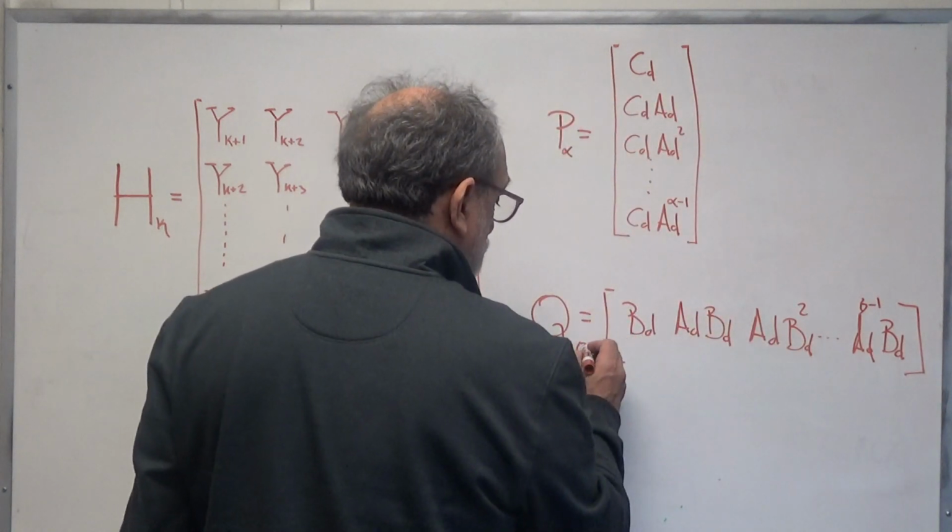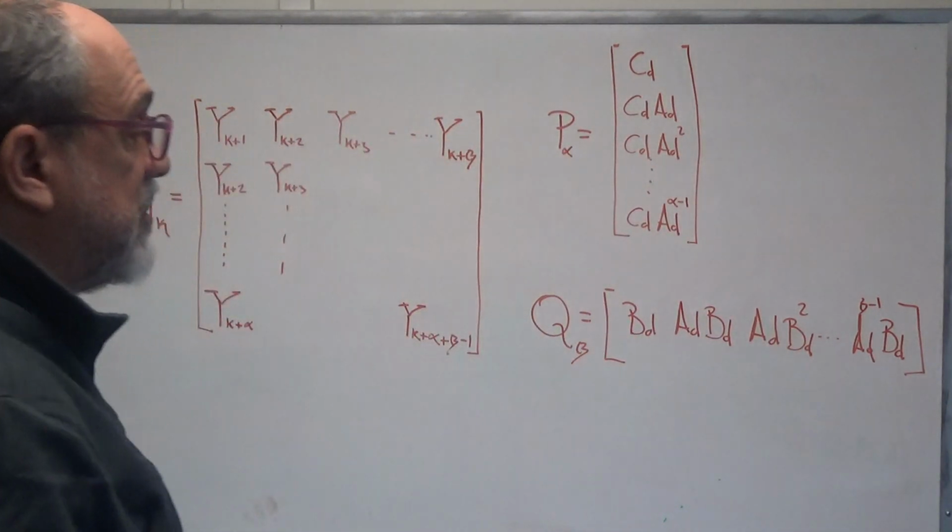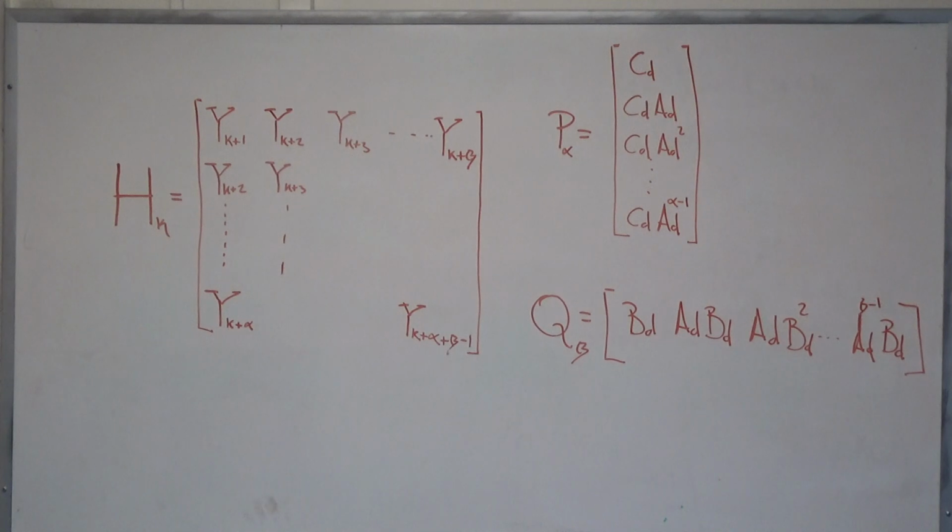Then this would be the controllability block of size beta. Okay? Now let me check how the thing looks. I haven't exceeded anything, so it looks fine.